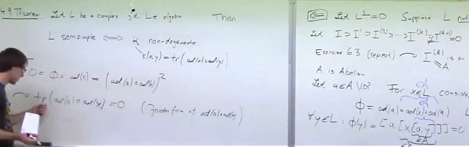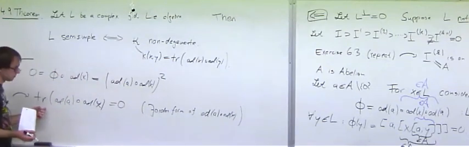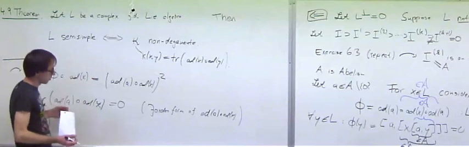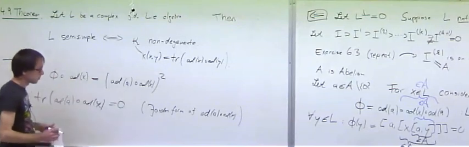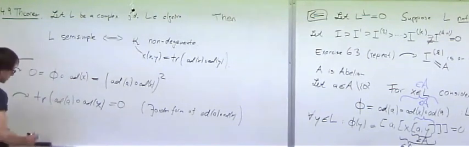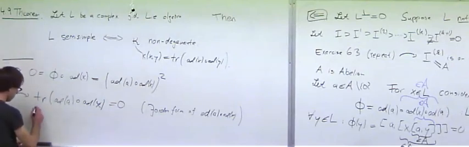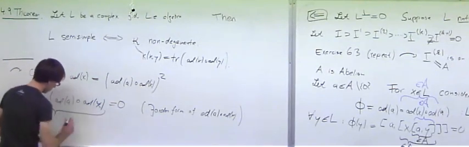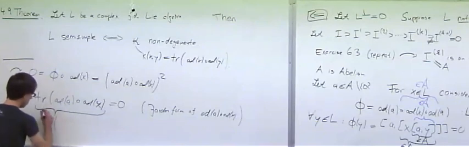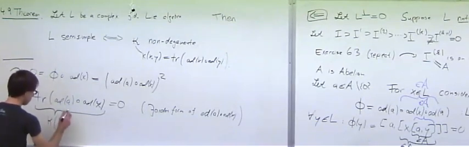And what's the trace? That's the sum of all eigenvalues, but as all eigenvalues are 0, then the trace must be 0. And this again is by definition just the Killing form.